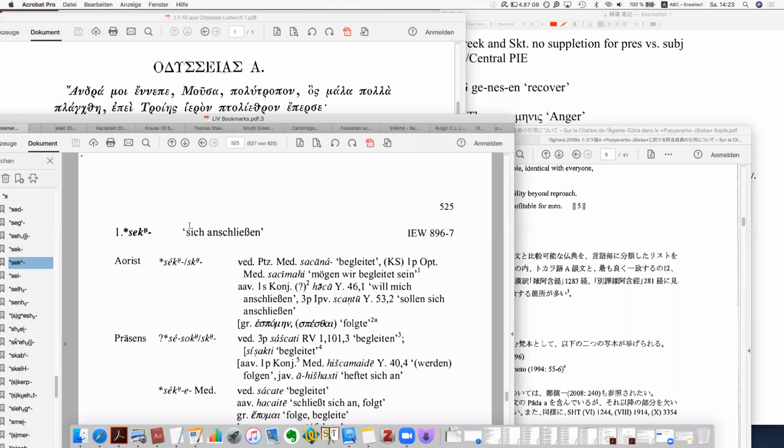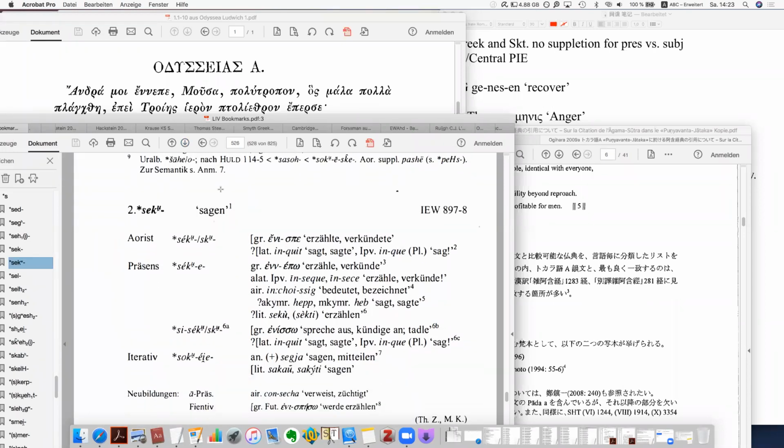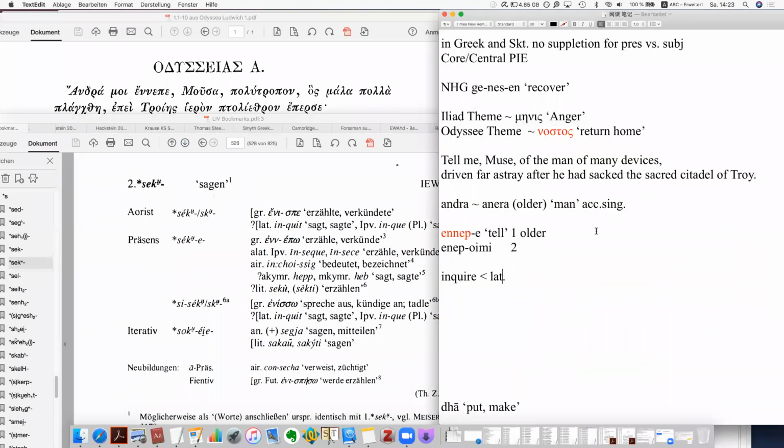So this is actually this word. And this word is also cognate with enepe, Greek enepe, which is also cognate with New High German sagen, yeah.